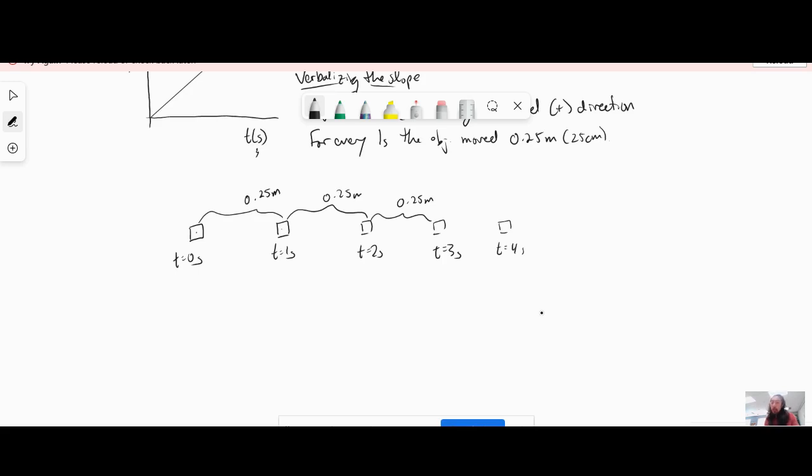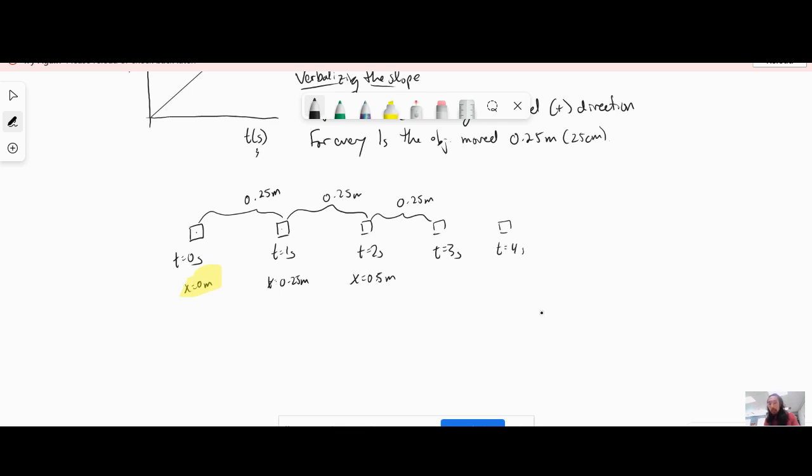But in terms of position, the first post-it note would be at 0 meters. The second one would be at 0.25 meters. But the third post-it note, because we are looking at the position relative to the starting position, wouldn't be 0.25, but rather 0.5 meters, or half a meter.